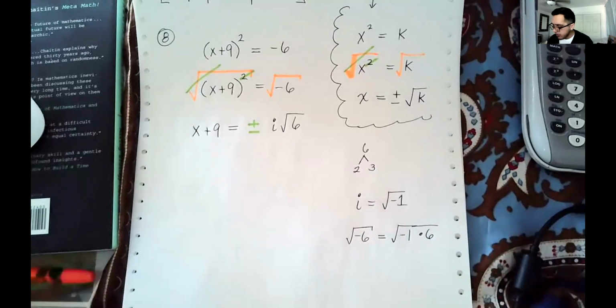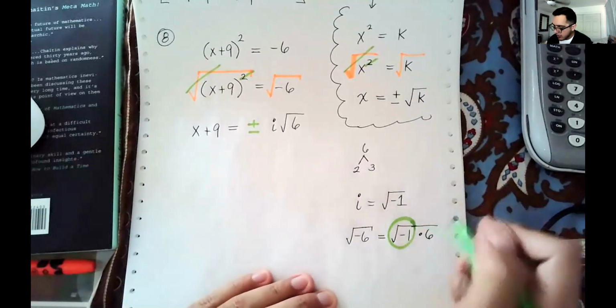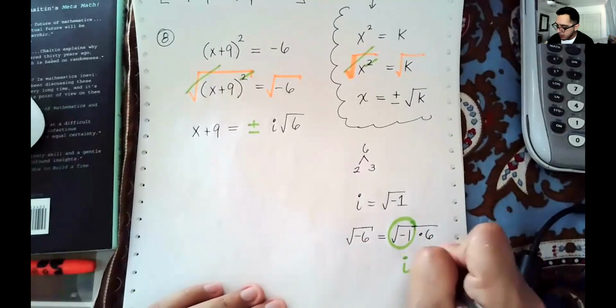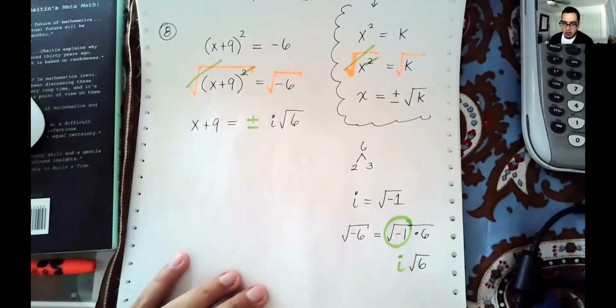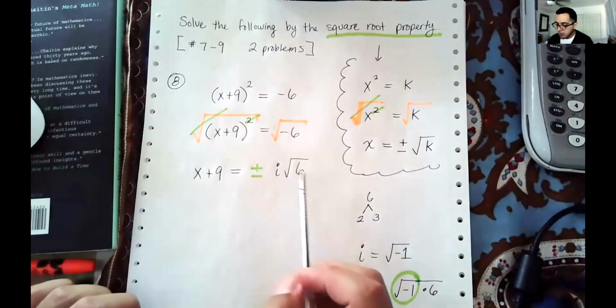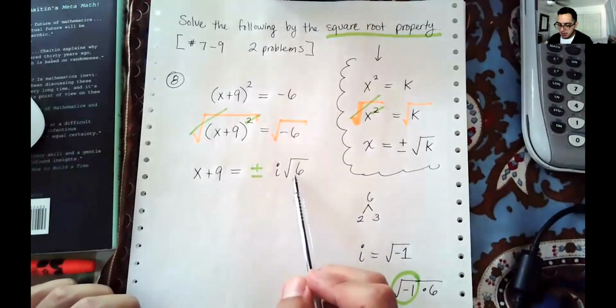So this is the part here, the square root of -1, that becomes the i. And you have to leave the square root of 6 alone. Okay, so that's why we rewrote it like this.